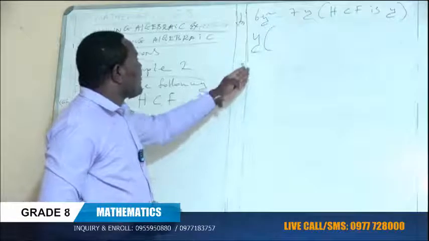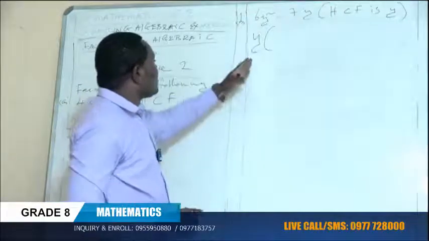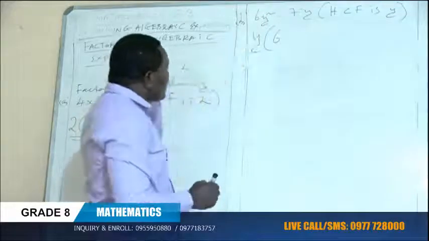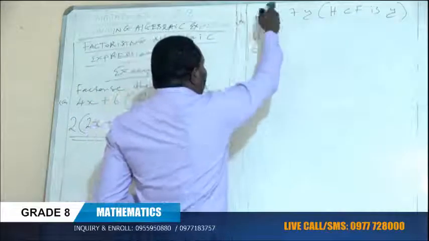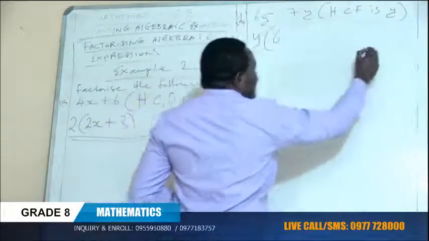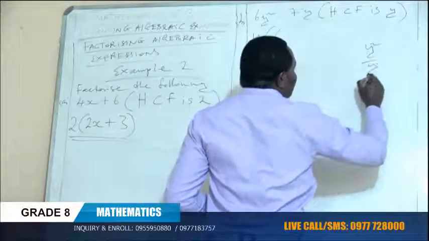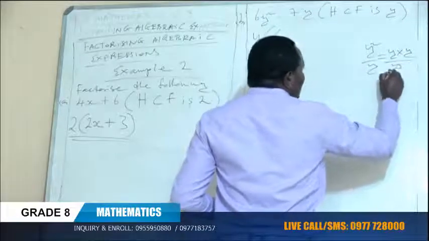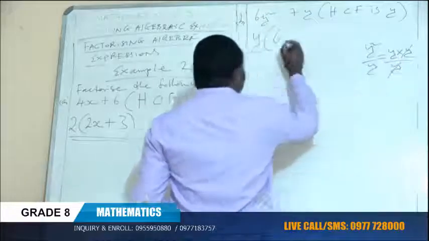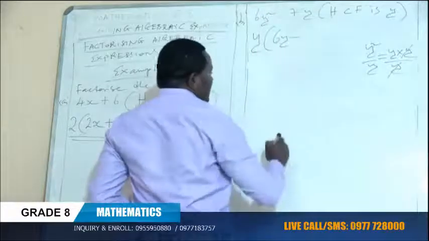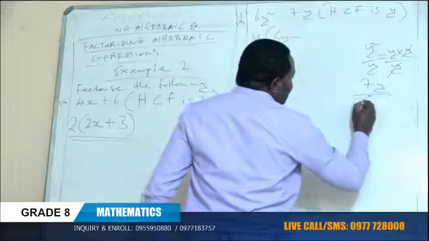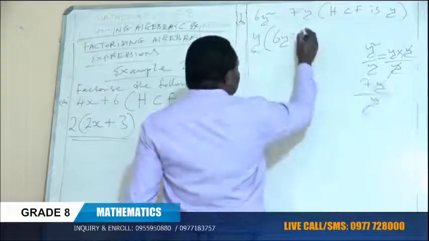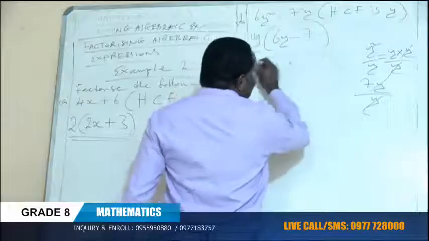We know that we can divide y into y squared, so we bring our coefficient the way it is. So y into 6y squared: y squared over y is the same as y multiplied by y over y. So y will go, y will go, what remains is y. Minus 7y divided by y: y will go, what remains is 7. This is our final answer.